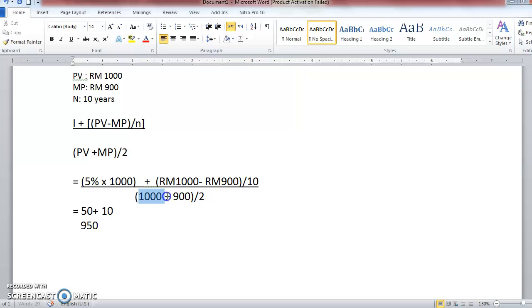This one, 1000 plus 900 divide by 2, you akan dapat 950. So, I'll underline this one again to show that it's dividing. This 60, you have to divide by 950. So, you akan dapat how much?